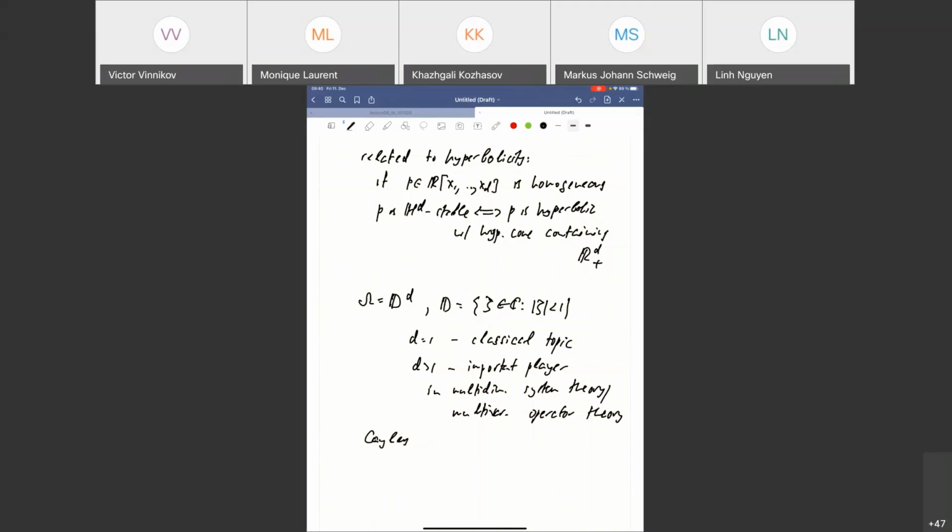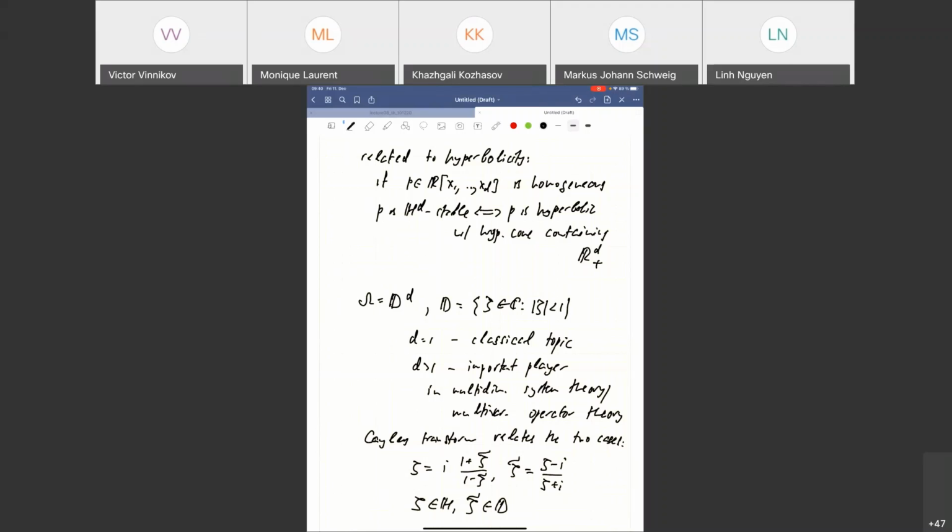So the Cayley transform relates the two cases, at least on a conceptual level. Namely, zeta is i times (1 plus zeta tilde) over (1 minus zeta tilde), with inverse transform zeta tilde equals (zeta minus i) over (zeta plus i). And here zeta is in the upper half plane and zeta tilde is in the unit disk. So that's basic complex analysis.